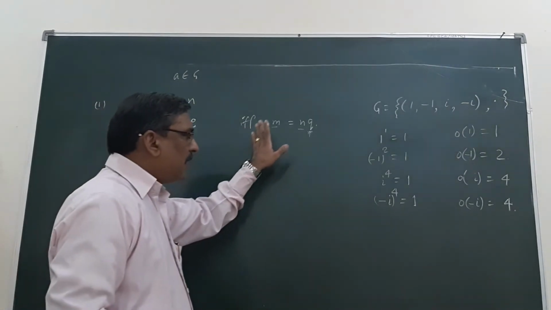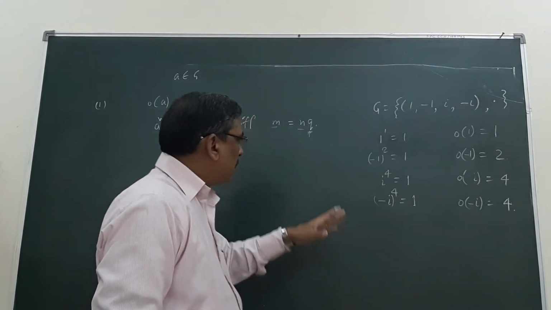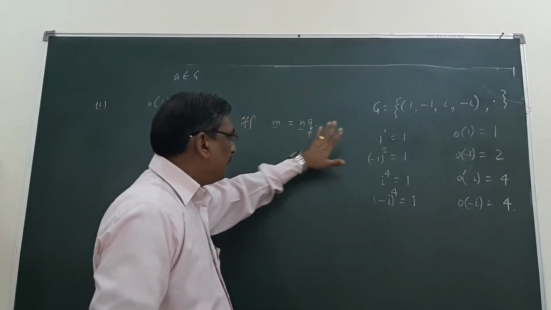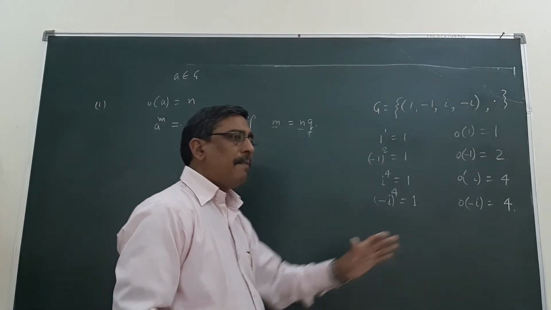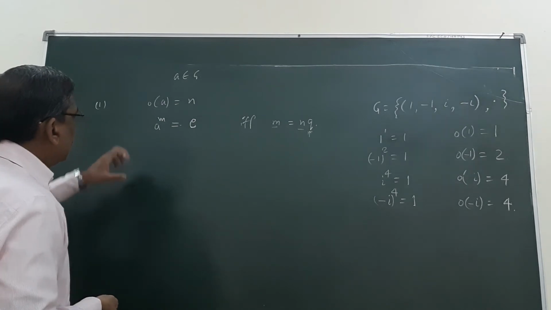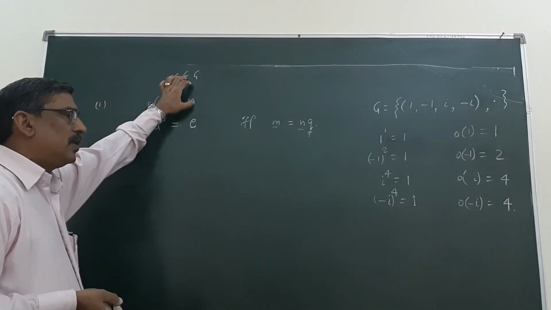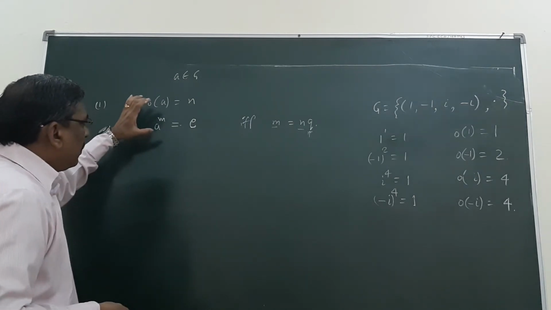This result can easily be verified from the earlier result, but logically we have to prove all these results. In this theorem we are given the order of A is equal to n, so A raised to the power n is equal to identity.